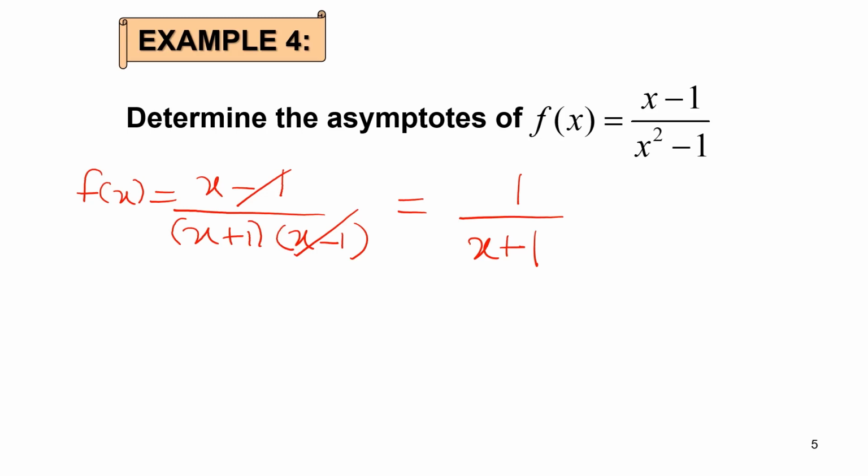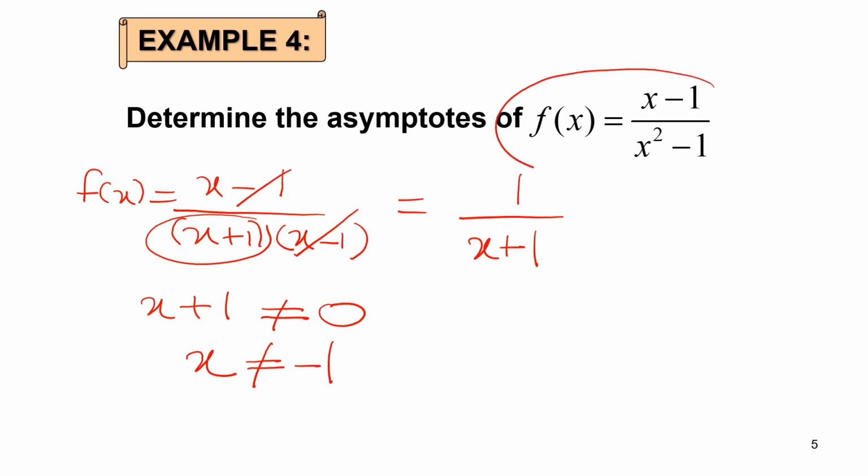Let's start with vertical asymptotes. To find the vertical asymptotes, we need to find the value of x when the function f(x) is undefined. Therefore, x plus 1 cannot be 0 and x cannot be -1. So, f(x) is undefined when x equals -1.